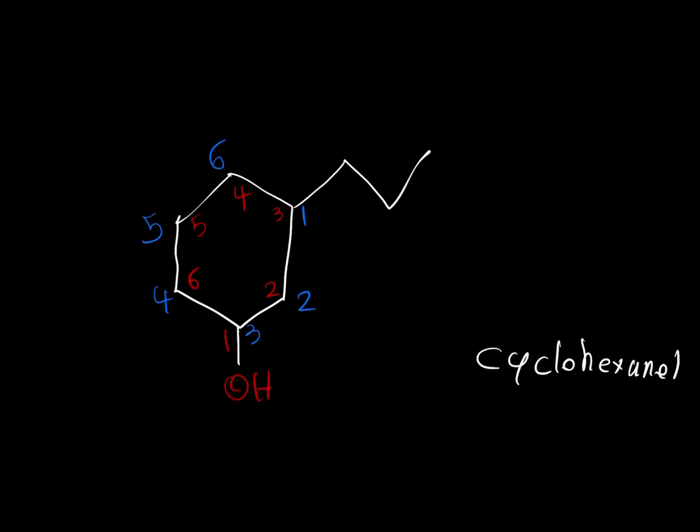So since it's position 3, we're going to write 3-propylcyclohexanol. Now you might be wondering why we don't write the 1 for the OH. Once again, it's assumed that the OH is going to be on position 1, and you just need to know that the propyl is 2 carbons away from the hydroxyl.